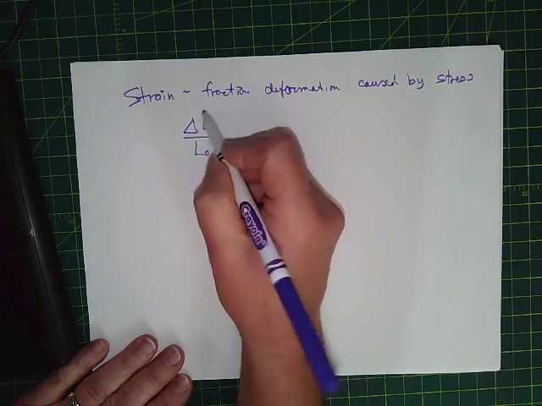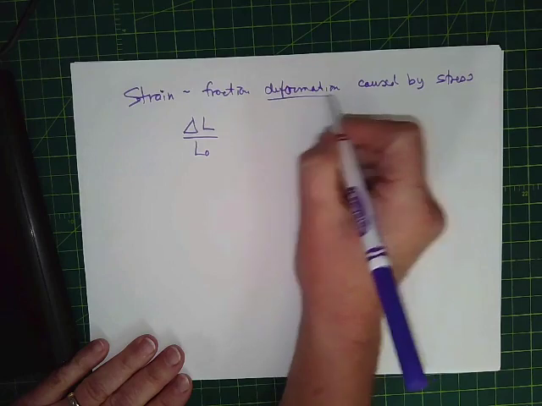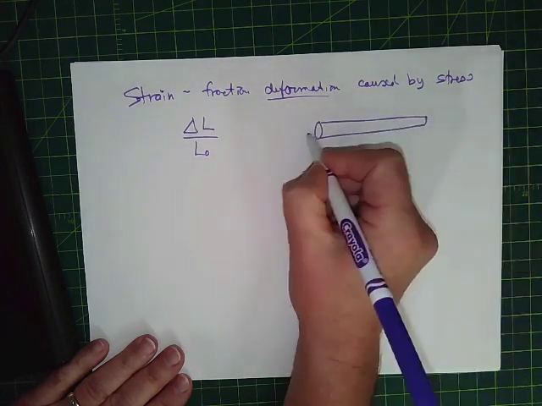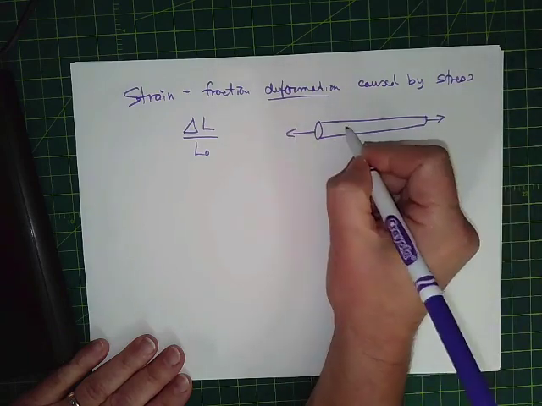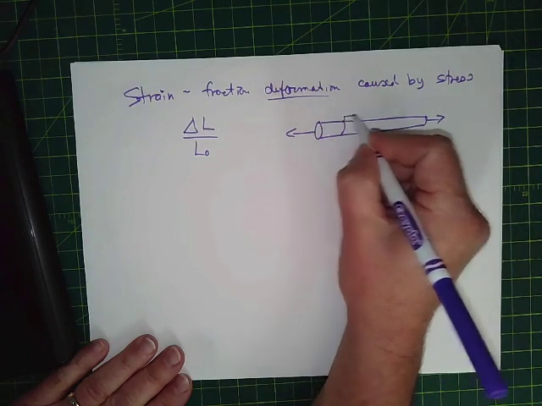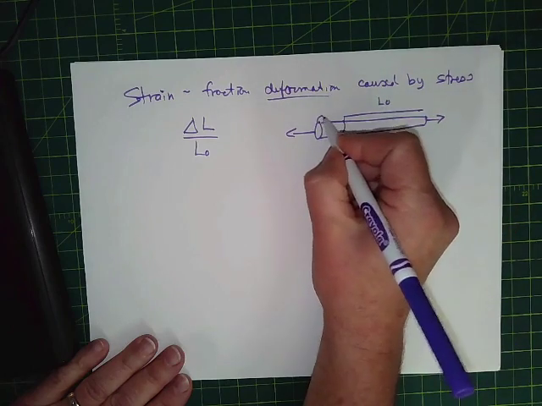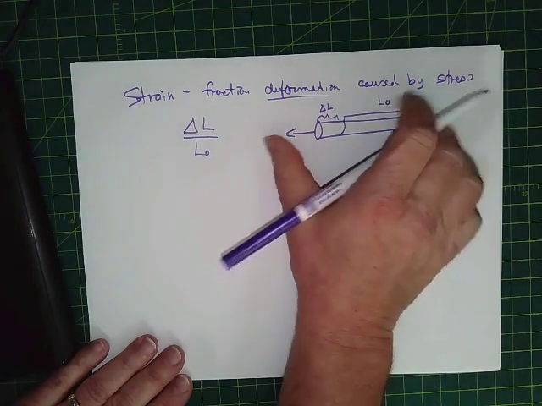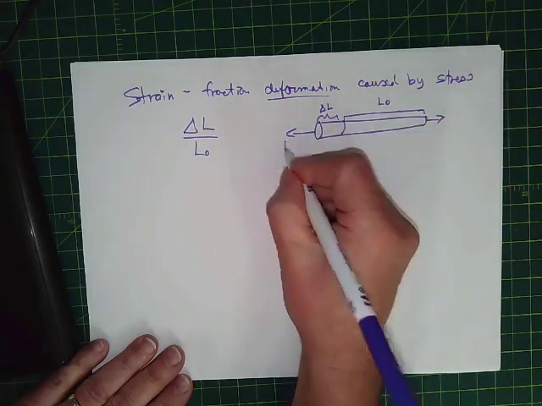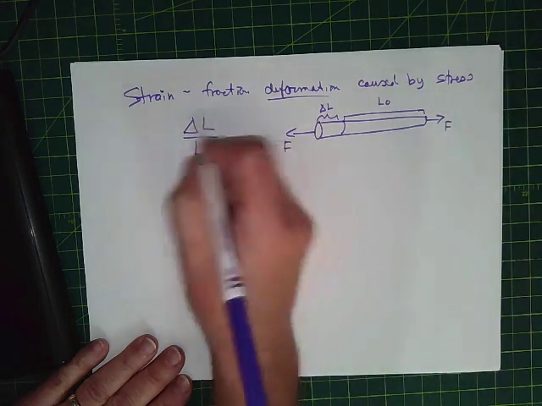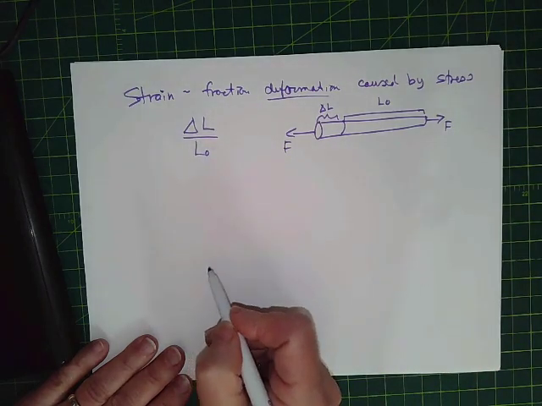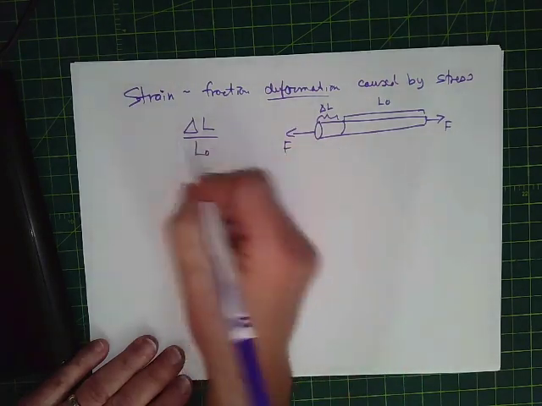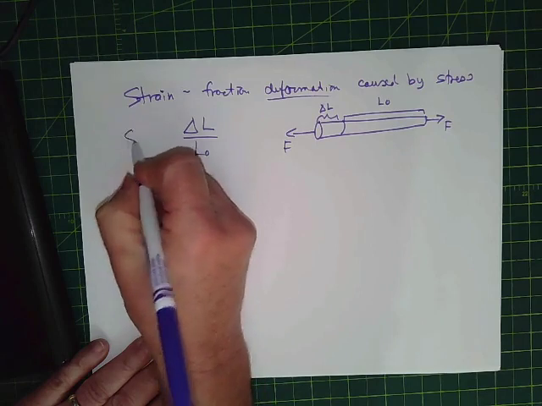It's a fraction of deformation, like the delta L. If we have this thing that we were pulling, like the first example, and it used to be this long, but now it got longer, we've got a delta L. It's been stretched out by the forces pulling it. So the strain is a measurement of the percent change from what it used to be.